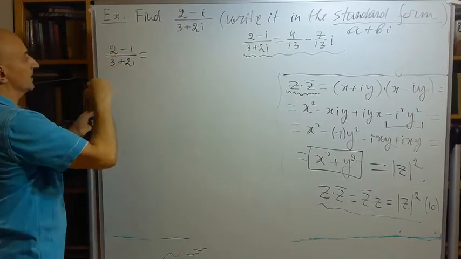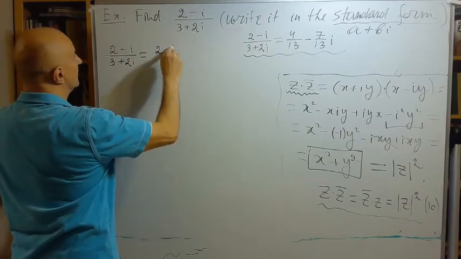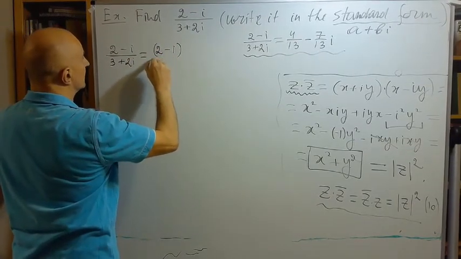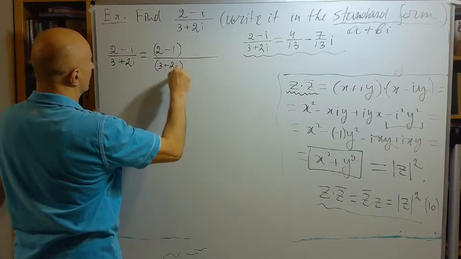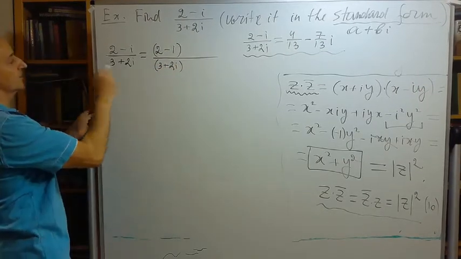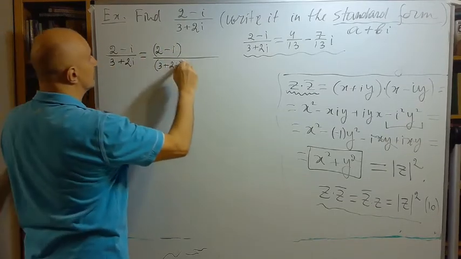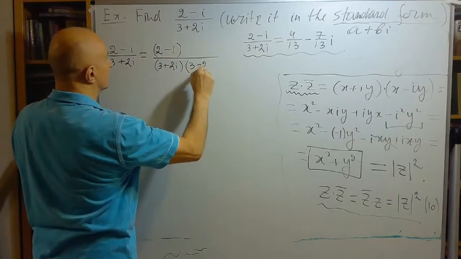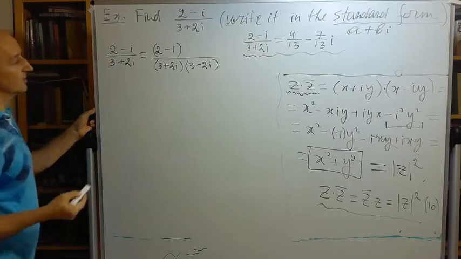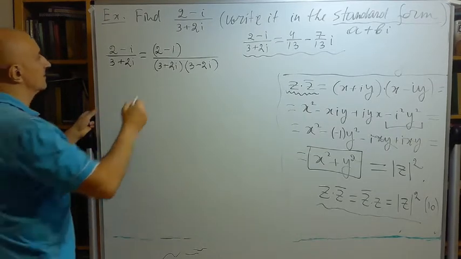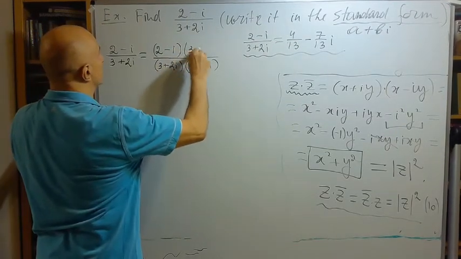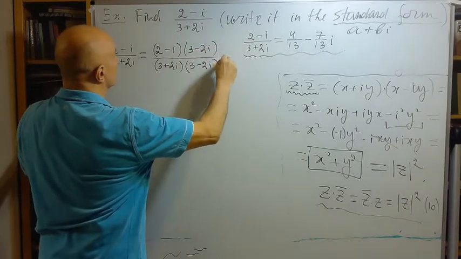I will divide and multiply this numerator and denominator by the same number, by the conjugate of the denominator. So it will be 3 minus 2I. How to make the complex conjugate? You just put minus ahead of every I that you meet in the number. And it will be 3 minus 2I here as well.